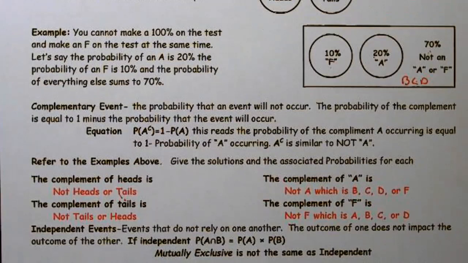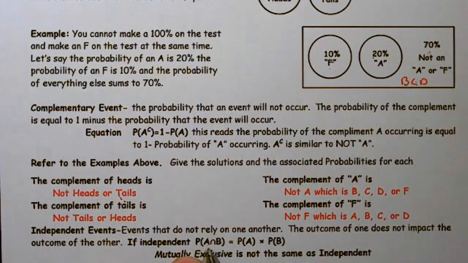Independent events. In a prior video, we talked about events being independent, and if they were, we could multiply them. And we said that one event does not impact another. We also said that they're proportional. And what it means is the probability of A and B equals the probability of A times B. In other words, and this is the intersection symbol.